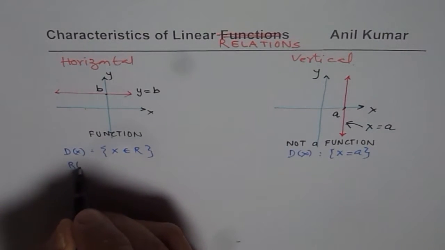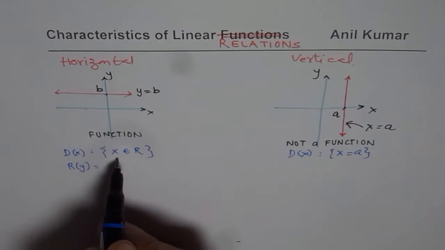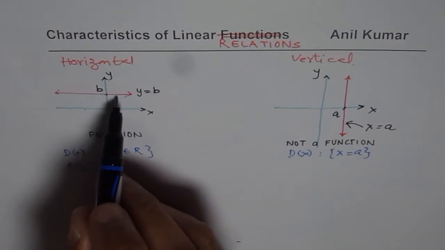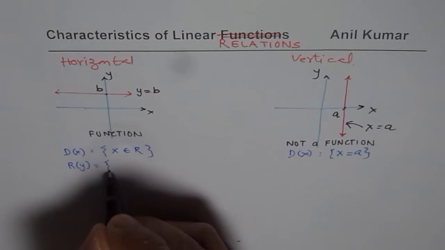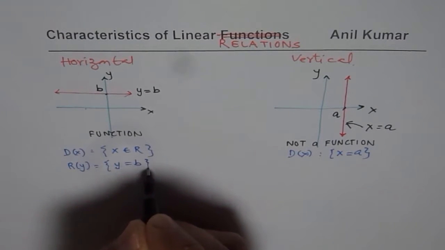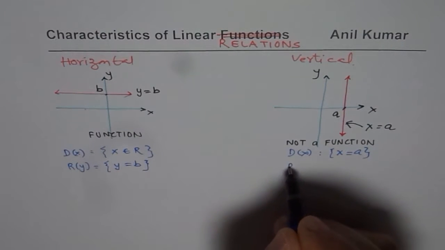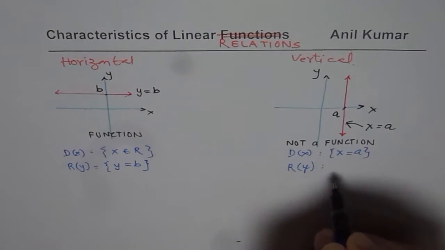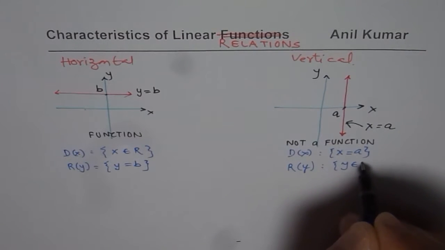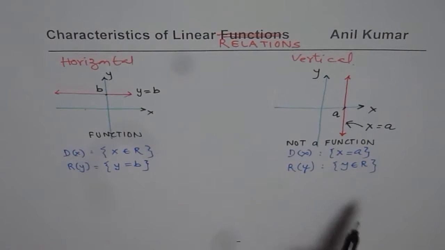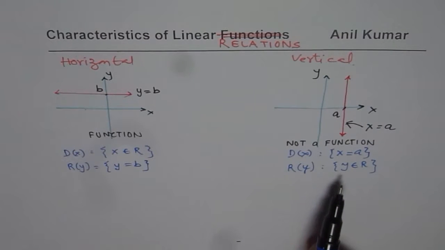As far as the range is concerned, the range in this particular case is that the y value is only b, so y equals b, just one value. However, the range for a vertical line is all real numbers. So that is a huge difference between slanting and horizontal and vertical lines.